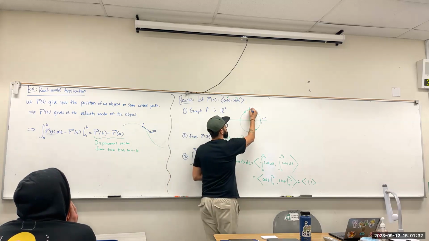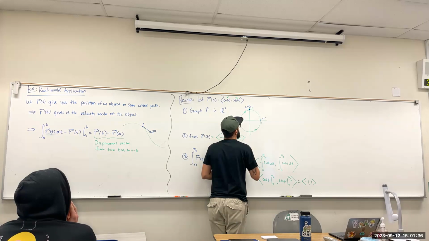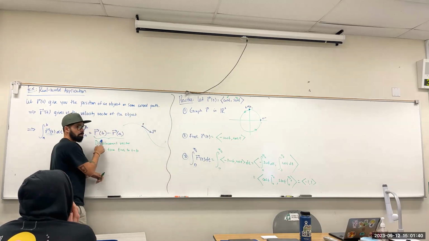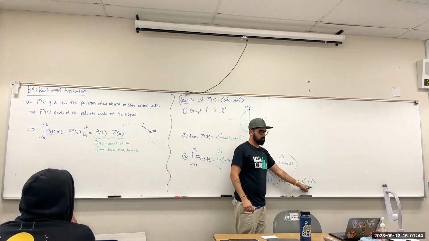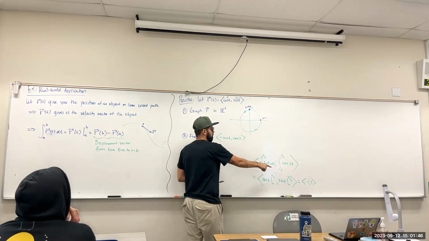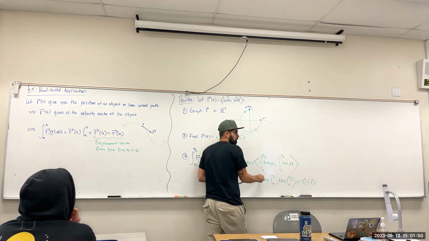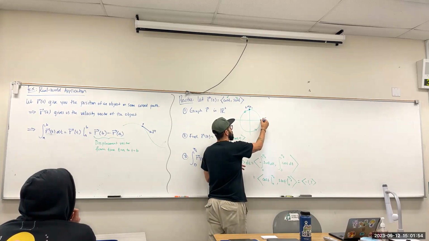It's right here. And we said that this is supposed to give you the displacement vector, which in this case was this vector. And that vector, how much do you move in the x direction? -1. How much do you go in the y direction? 1. So notice that's exactly this vector right here.